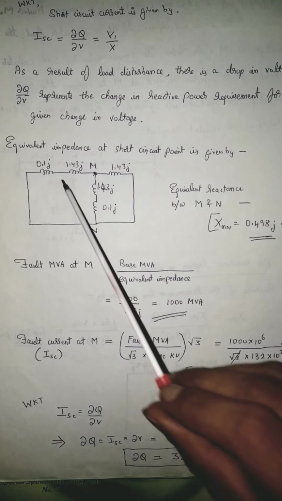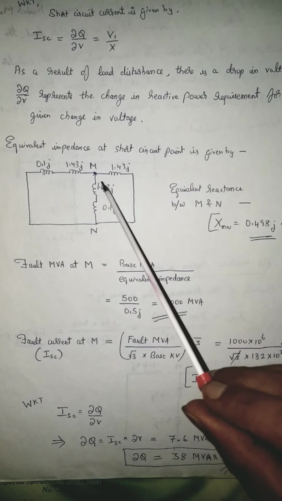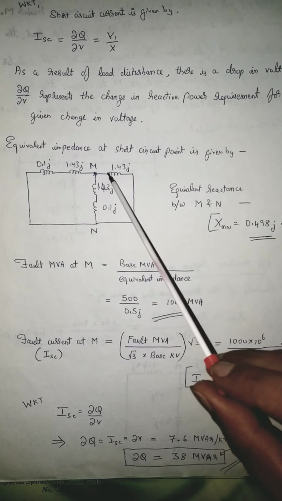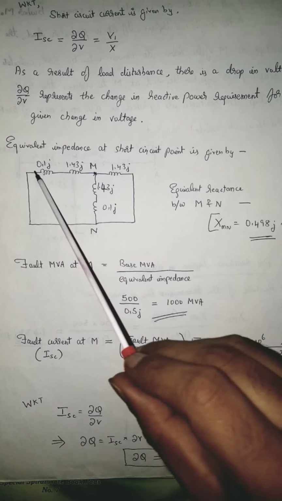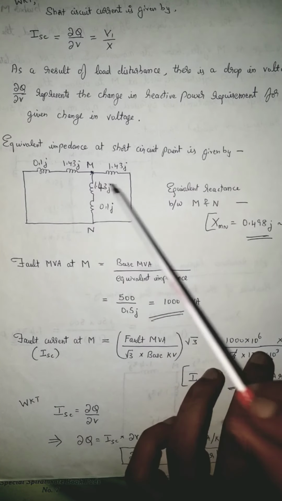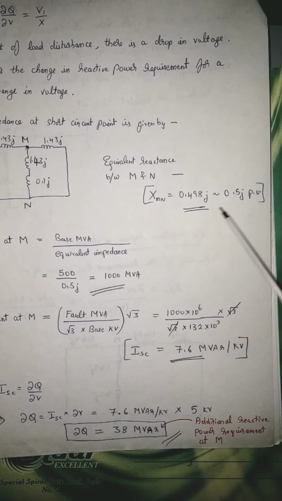These two are in series, these two are in series, and there is another reactance here. So the reactance between M and N will be in parallel with 1.43j and also in parallel with this series combination. If you find the equivalent reactance, it gives 0.498j, which rounds off to 0.5j per unit.